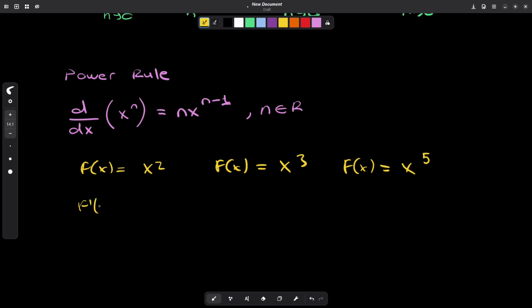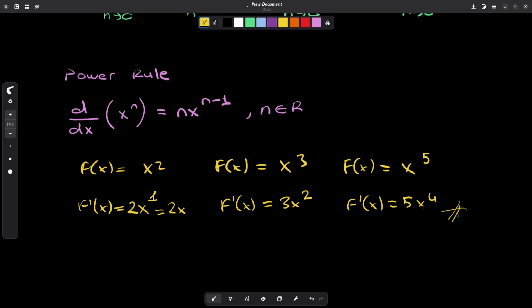Let's evaluate the derivatives of these one by one. n goes to the front of the x, and we subtract 1 from the power, which gives 2x. f'(x) for x cubed: 3 goes to the front, 3x, minus 1 from the power is 2, so 3x squared. And the last one is 5x to the fourth, because 5 goes forward and the power minus 1 is 4, right?